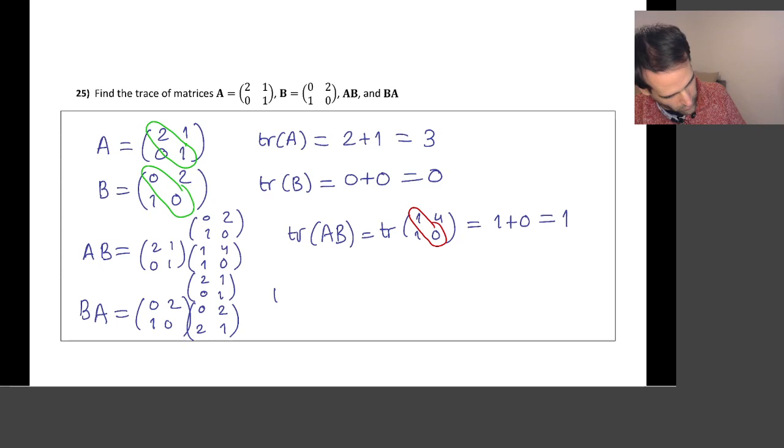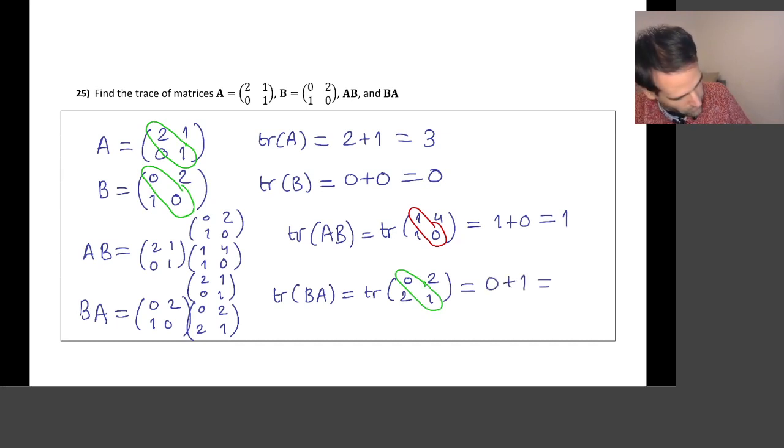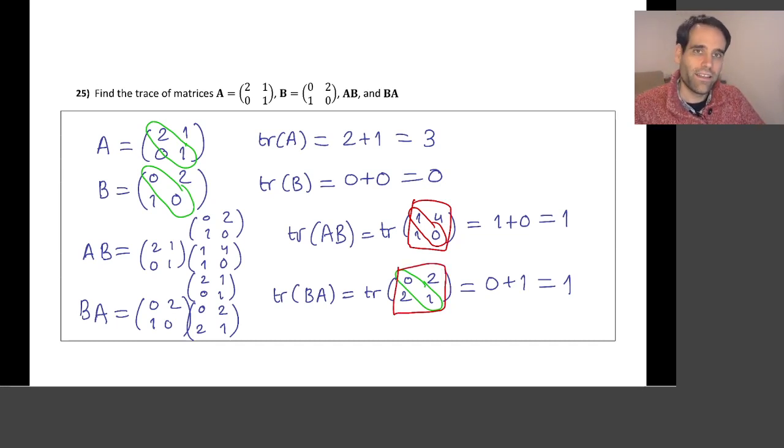So the trace of B times A is equal to the trace of this matrix here, 0, 2, 2, 1, which is equal to the sum of the elements of the diagonal, 0 plus 1, which equals 1. So this confirms that even though A times B is a different matrix than B times A, their traces are the same. And this is a property of the traces.